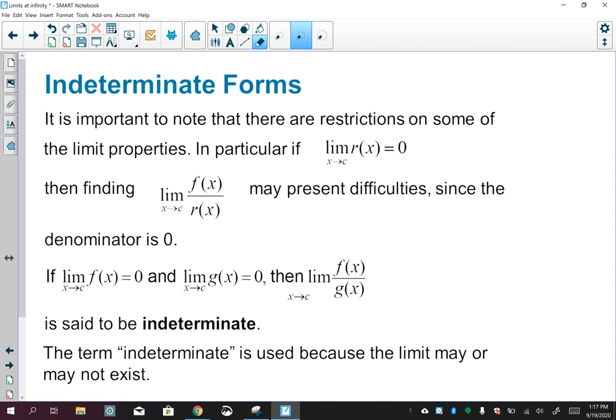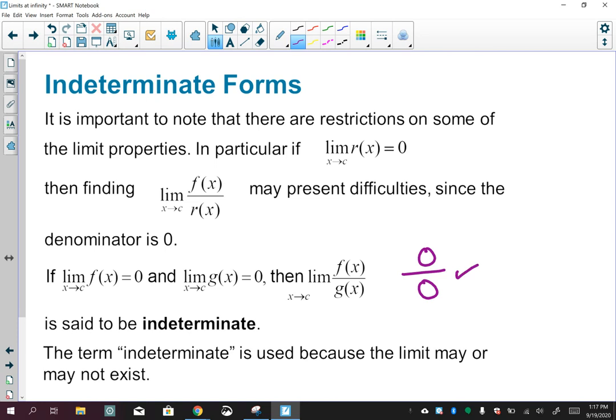The other thing that could happen is if you have two different functions, f of x and g of x, and you put them over each other and then find the specific limit, you could wind up where the top and the bottom both go to 0. That gets you something that looks like 0 over 0, and there are a couple of things you could actually do here. This is actually a pretty good deal.